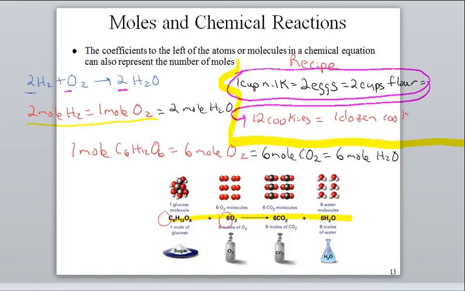It means the same thing. This relationship, this recipe, would allow you to do a lot of things. It has a lot of usage. Say you wanted to make 24 cookies, how many cups of milk would you need? You could use this number relationship to figure this out, this cookie recipe.